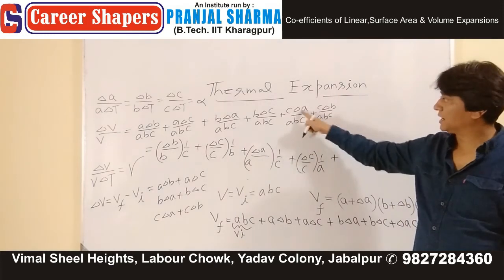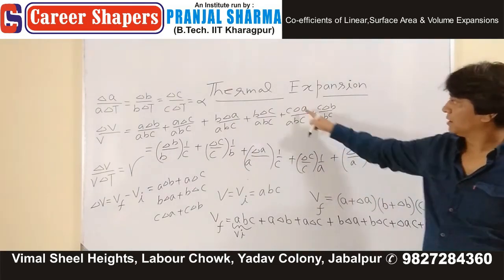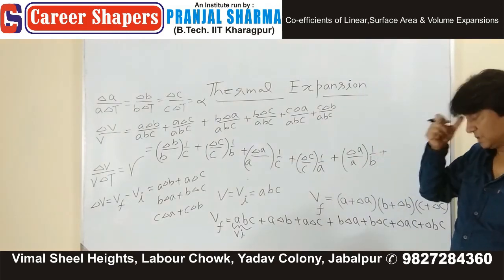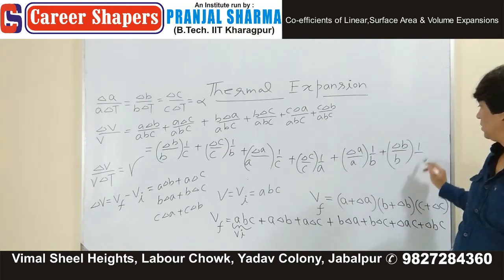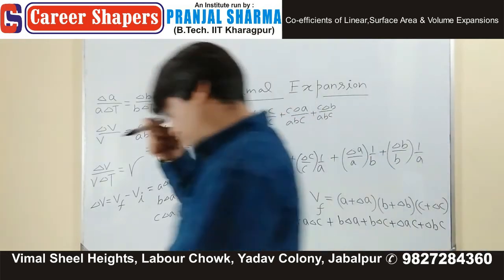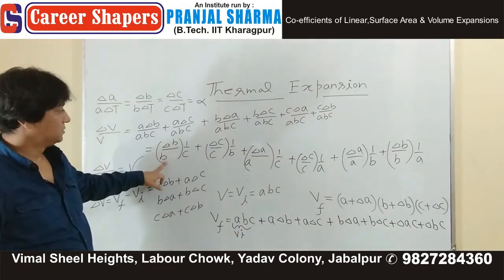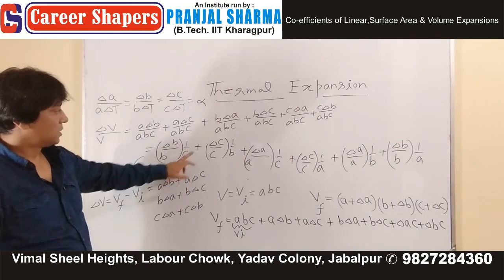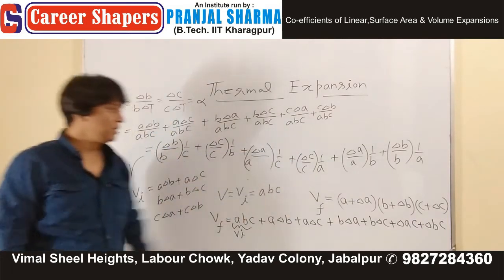C and C gone, delta A upon A, C and C gone, 1 upon B, plus C and C gone, delta B upon B, 1 upon A. So we have got the whole relationship: delta B upon B, 1 upon C. Delta C upon C, 1 upon B. Delta A upon A, 1 upon C. And these terms.